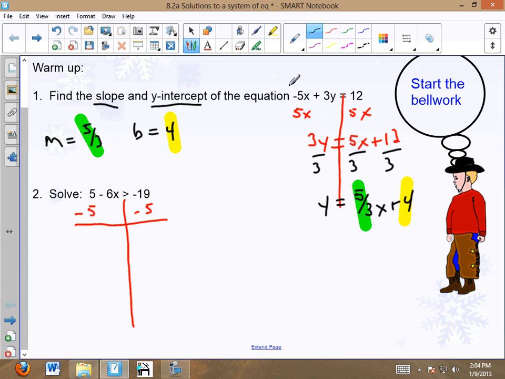I can tell exactly what I'm doing. Negative 6x is greater than negative 24. Now I divide both sides by negative 6. Negative 6 over negative 6 is 1x, or x. Now, because I divided by a negative, I have to flip my inequality. Negative 24 divided by negative 6 is positive 4.